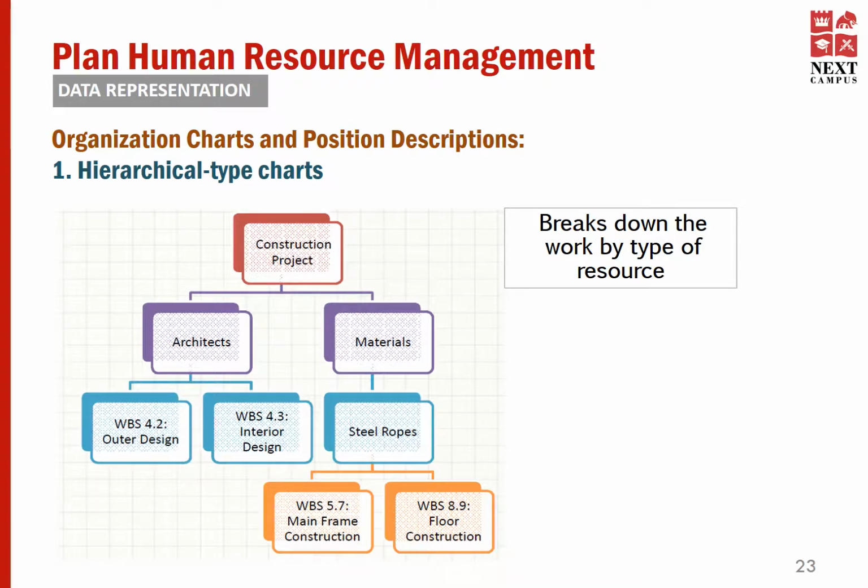And steel ropes are resources of your project belonging to materials, and these steel ropes are needed to complete WBS 5.7 and WBS 8.9, through construction and mainframe construction. As you see, which type of resource will be used and which work it is for is identified in the resource breakdown structure. Resource breakdown structures will play a huge role in understanding the resource requirements and their hierarchy.